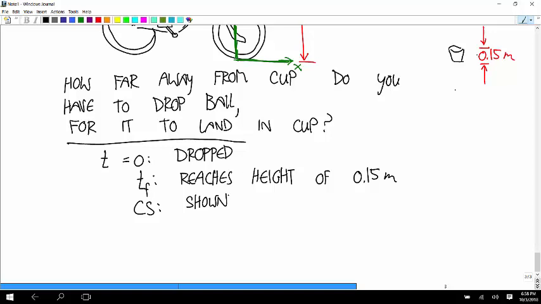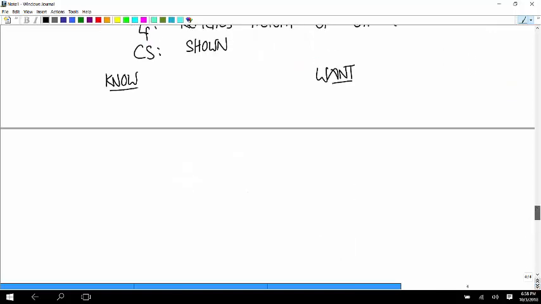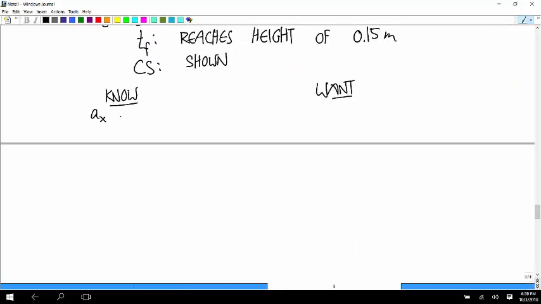Oh, excuse me. So now we have to list out what we know and what we want. Do we know the amount of time that it's going to take for the ball to land in the cup? No. If we can do it without calculating that, that's fine. So I'll leave it out for now. Acceleration is 0 for x and negative 9.81 for y. The initial position, do we know that?